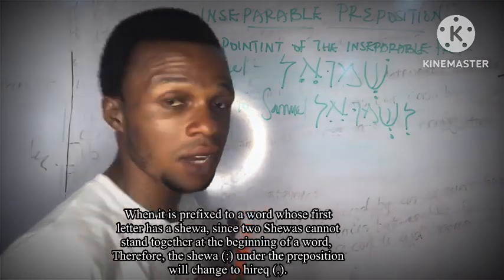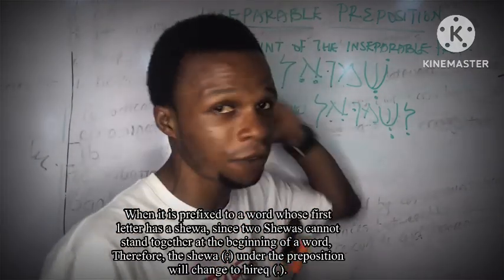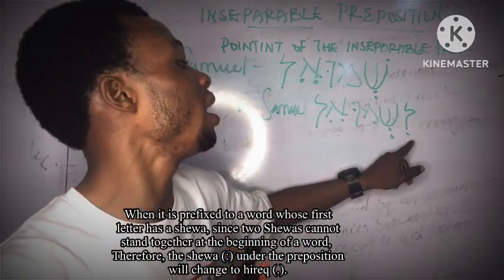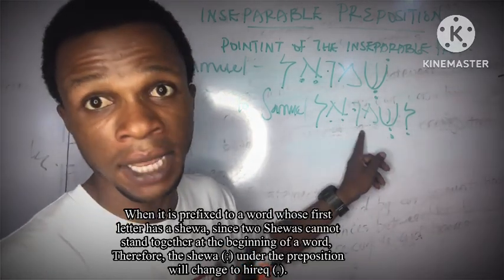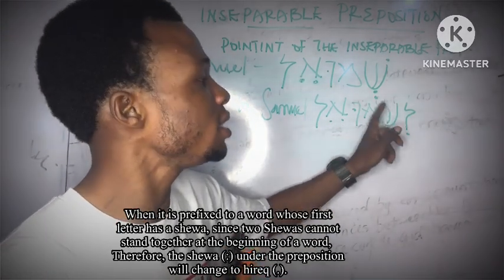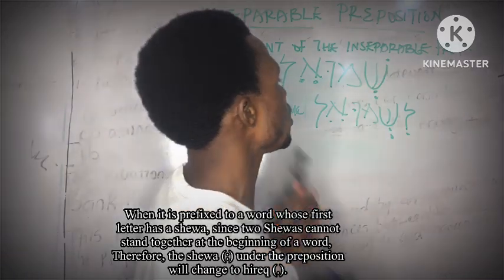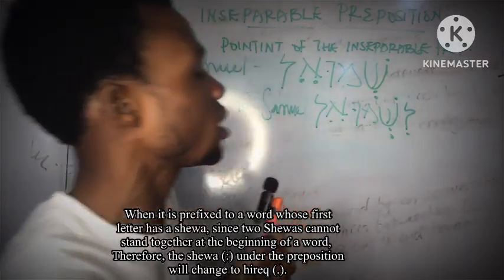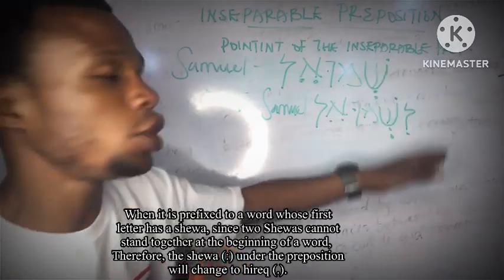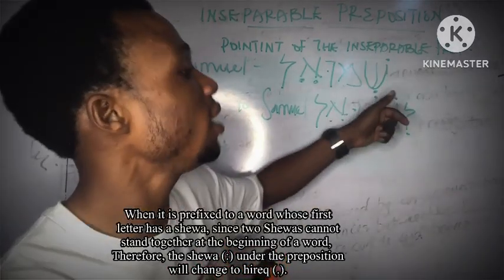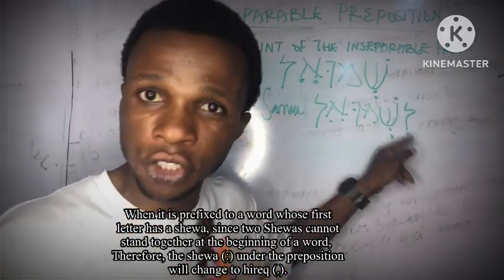Now look at it very well. From the first rule, our inseparable preposition was taking a shewa sign. But in this case, since the first letter, Shin, is already carrying the shewa, Lamed, the preposition, will no longer carry a shewa. It will now take a short e.